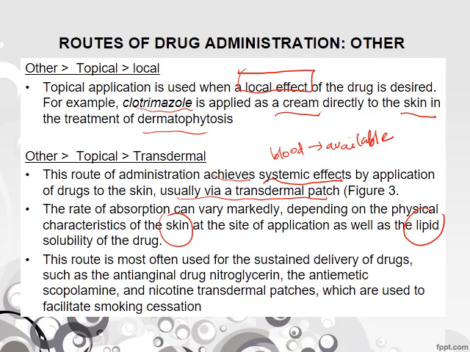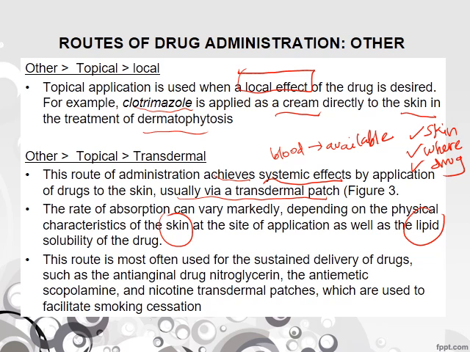So it depends on the skin of the person and where you apply the drug, for example on your palm, or behind your ears. The skin characteristic of the site of application is very important, as well as the physical characteristic of the drug. The drug needs to be lipophilic enough to cross the membrane.